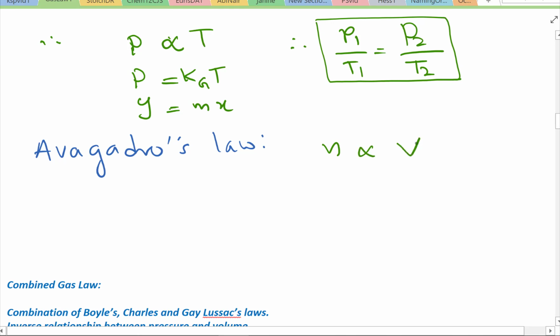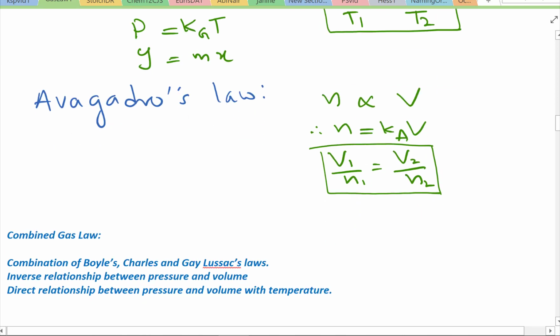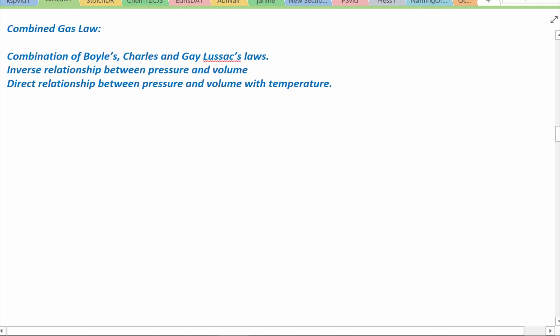N is directly proportional to V. That means volume depends on how many gas molecules, how many gas moles, you have, right? So you can write V1 over N1 equals V2 over N2, right? It's a similar fashion, but the last two, Gay-Lussac and Avogadro, you don't really analyze separately in questions, right?